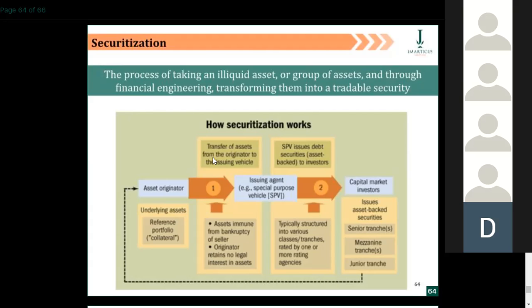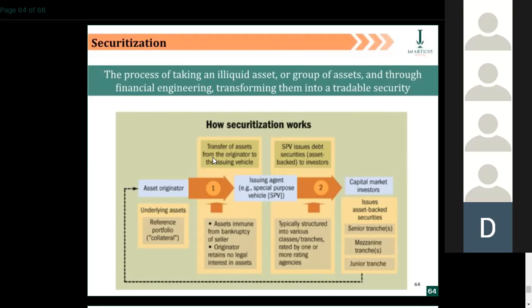So what a bank does is reach out to another bank, a finance investment bank, and that investment bank agrees to pool all such loans in one special purpose vehicle, right?